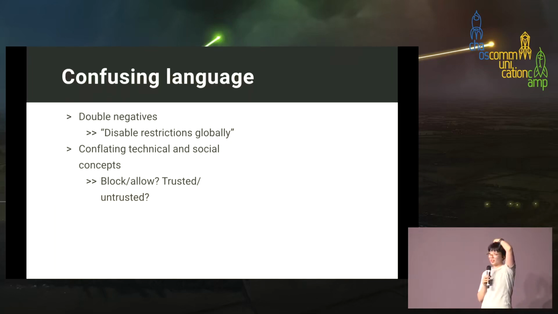And the question here is, well, if I'm allowing something, do I really mean that I trust it? Maybe, maybe not. But maybe I just need to allow it for now because I need to make an online payment. Why are you making me feel bad? Right? So there's a lot of technical and social things that may or may not overlap, and sometimes, especially when you're designing for power users, it's probably better to just stick to the technical concept.